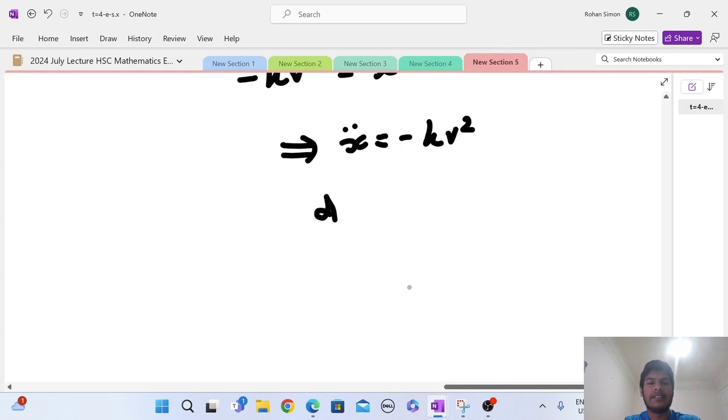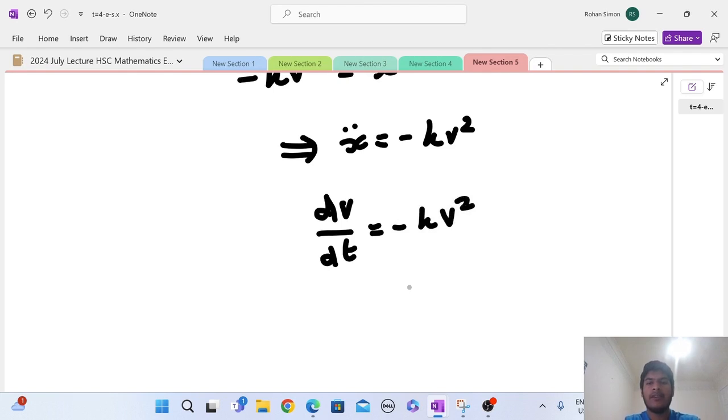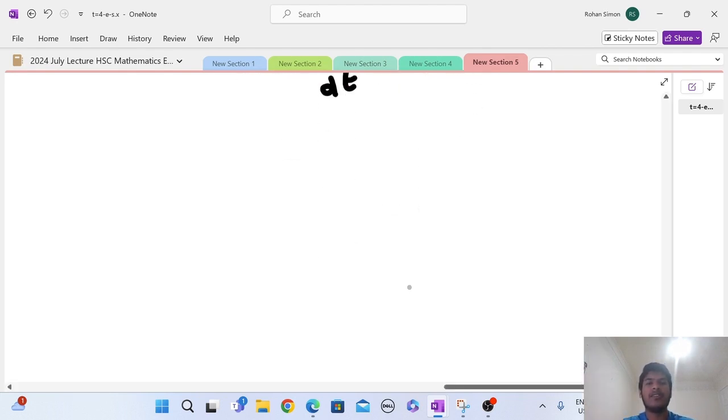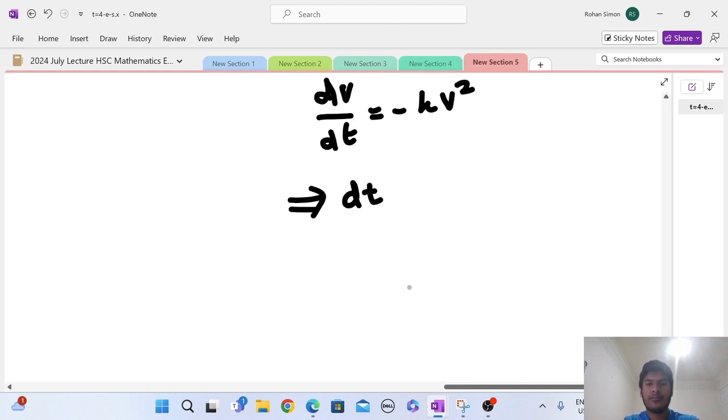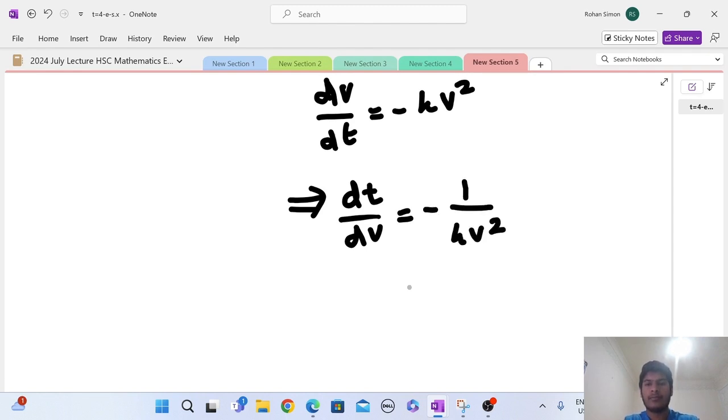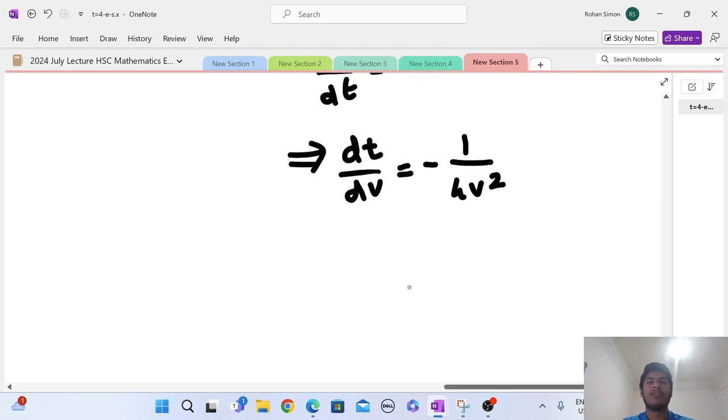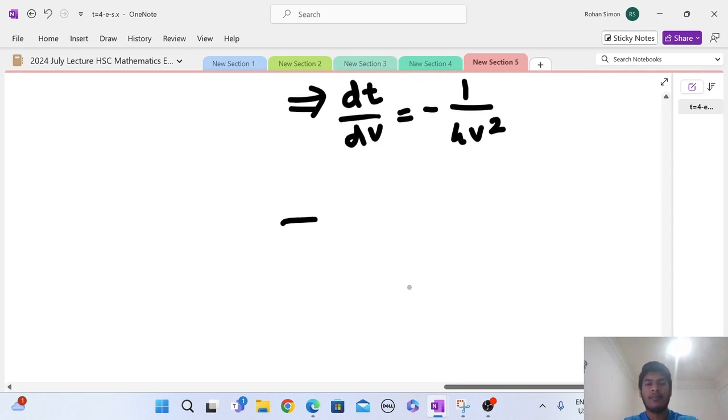So we're going to use dv dt equals minus kv squared. And so if we reciprocate both sides, we end up with dt on dv equals minus 1 on kv squared. And so we end up with time as being the integral of minus 1 on kv squared.